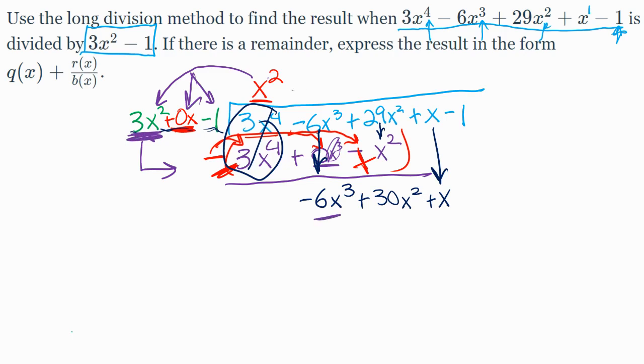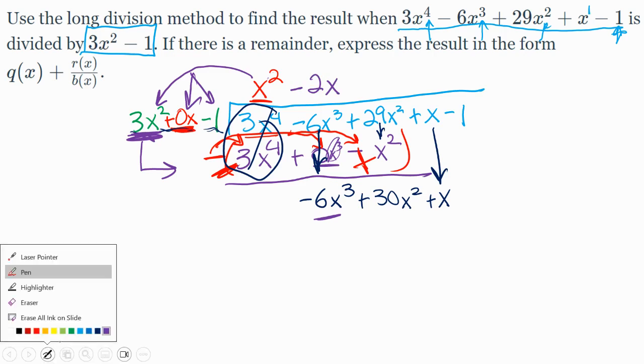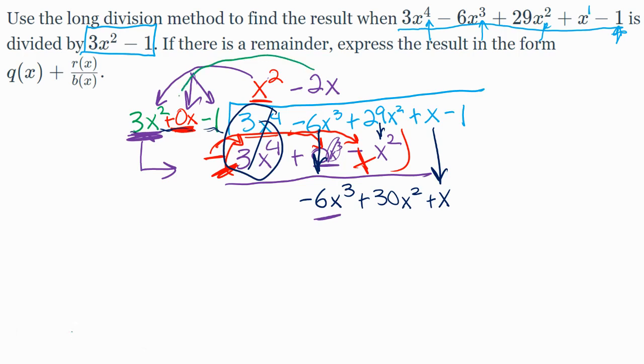And that's going to be a negative 2, and we need one more degree, so negative 2x. And then we take that negative 2x and distribute it to all three of these out in front, which is going to get me a negative 6x to the third, and then plus a 0, and then plus, because negative 2 times negative 1 is going to be positive 2x.